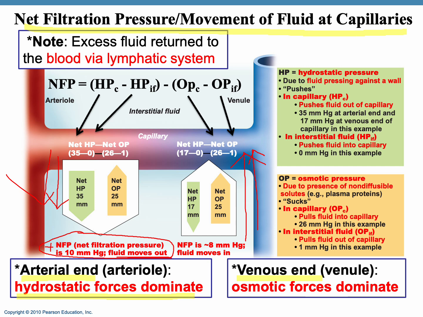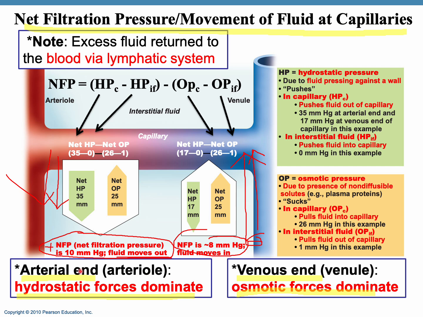So the dominating pressure on the venous end is the colloid osmotic pressure. And you usually have a negative number here, reflecting that the fluid is going to be pumped back into the capillary.